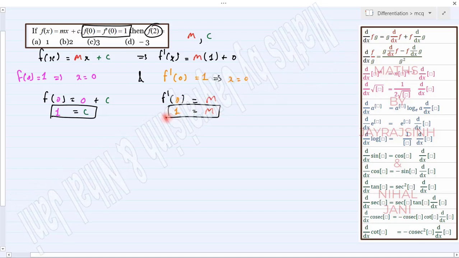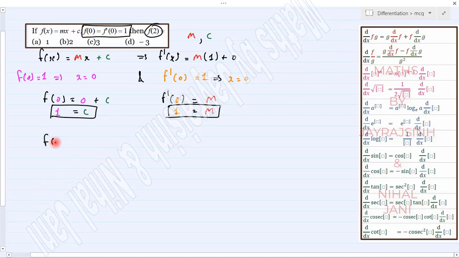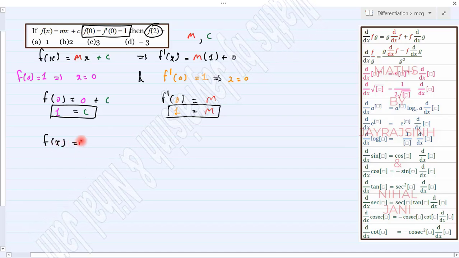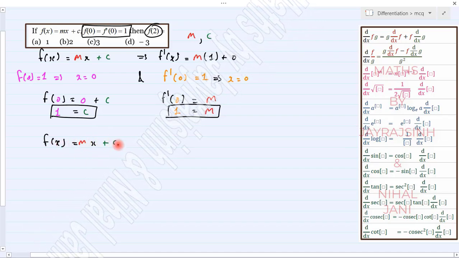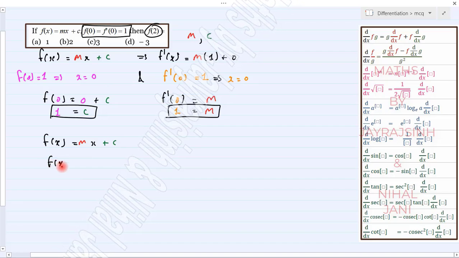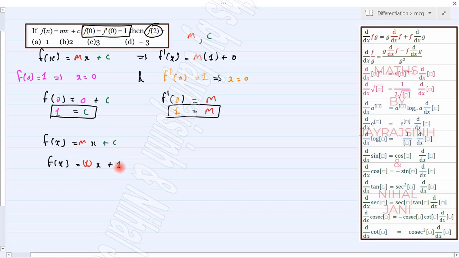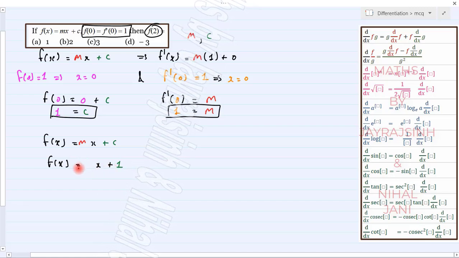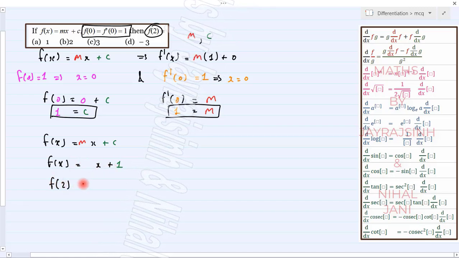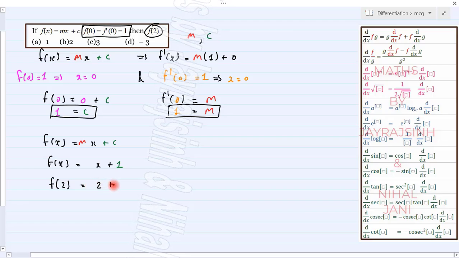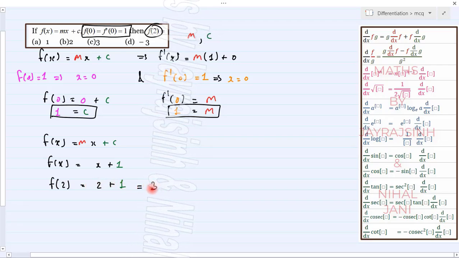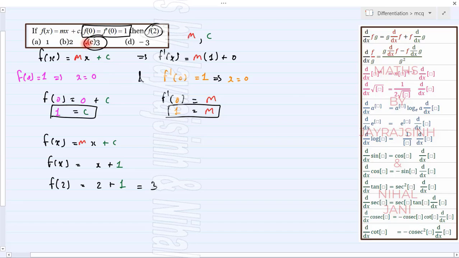So we get the value of m and c. So your f(x), which is mx plus c, will become 1 into x plus 1, or we can say x plus 1. So we can say your f(2) is simply 2 plus 1 is equal to 3, which is given in option C. Ta-da!